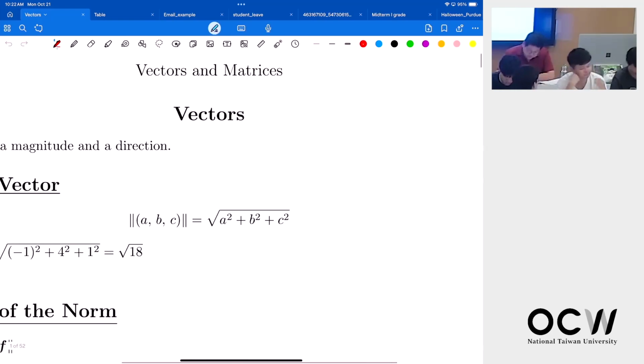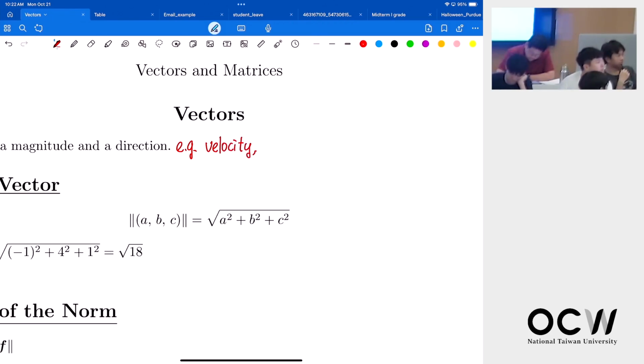For example, velocity, acceleration, and the force.